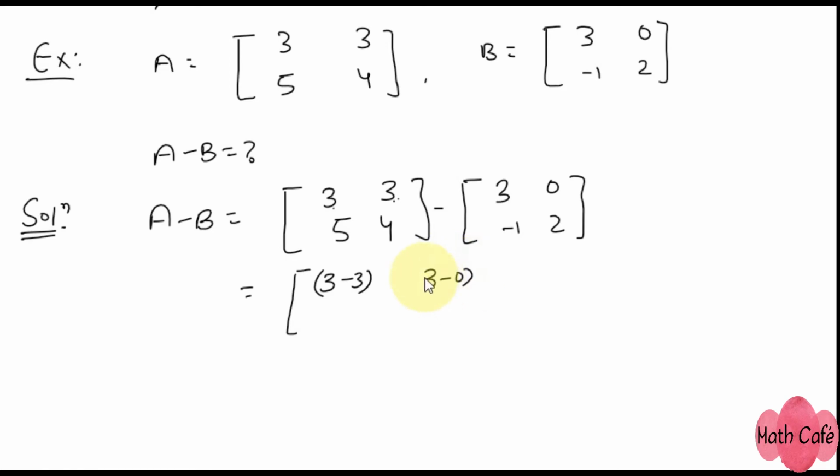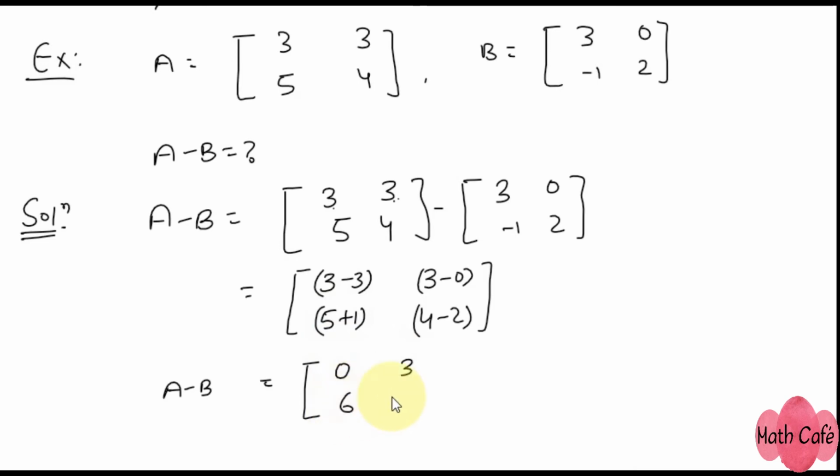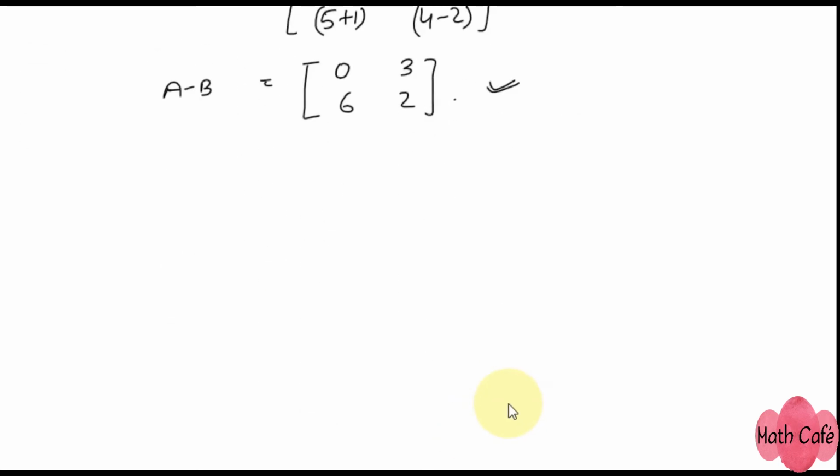All right, second element will be 3 minus 0, and here 5 minus of minus 1, that will become 5 plus 1, and last element will be 4 minus 2. So we can easily obtain A minus B as 3 minus 3 will become 0, that will become 3, that will become 6, and that is nothing but 2. So that is the A minus B matrix.